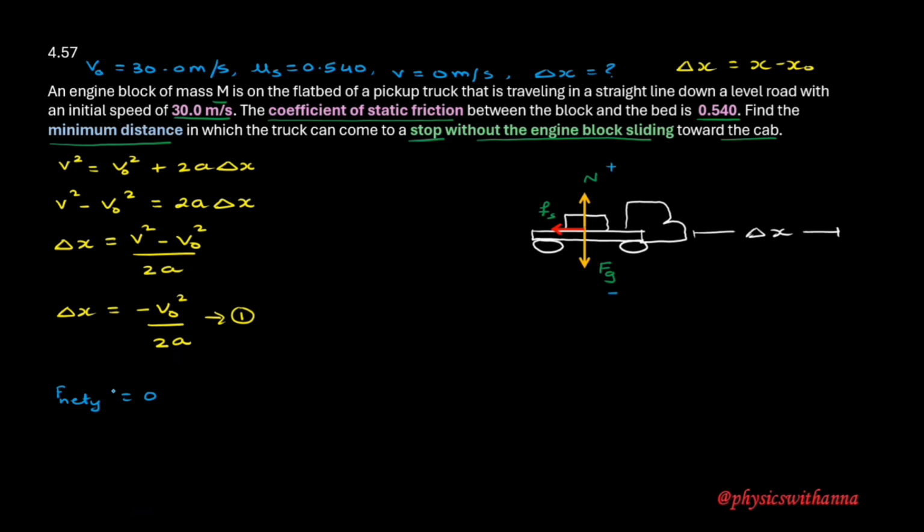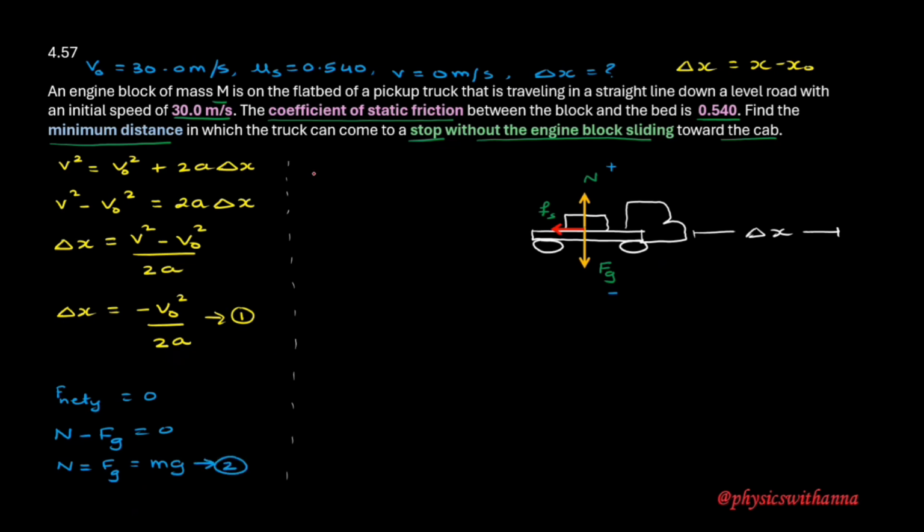So I can write F net y as the vector sum of these two forces, taking their signs into consideration. N will be positive and Fg will be negative, equals 0. You can move Fg to the other side. That gives you N equals the force due to gravity Fg. And we know we can write Fg as m times g. Let me call this equation 2.